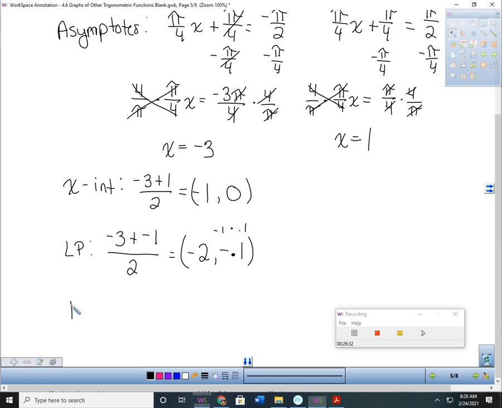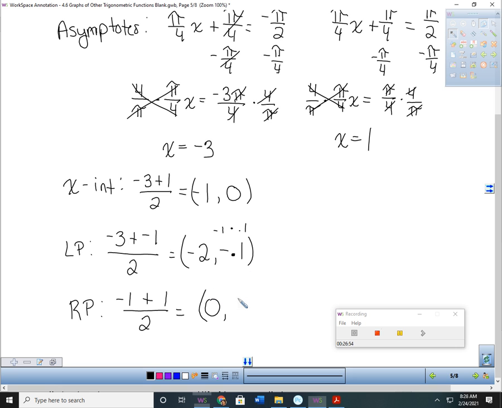All right, now my right point, that's halfway in between my x-intercept and the right asymptote. So my x-intercept is negative 1. I'm going to add that to my right asymptote and divide by 2. That gives me 0.